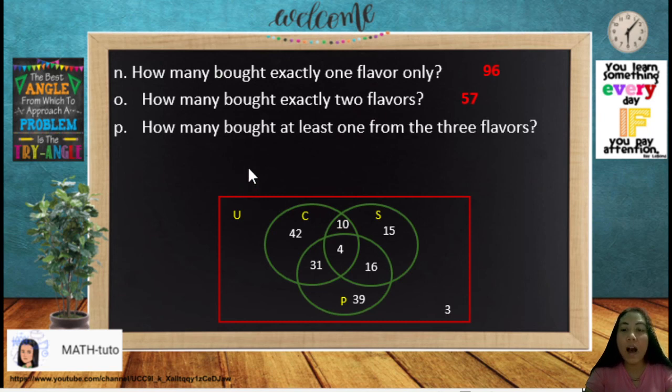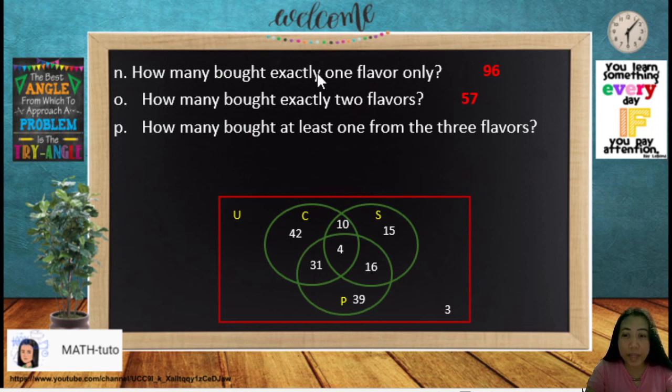Next, how many bought at least one from the 3 flavors? Now, we have here at least. So, at least one, which means it can be those who bought just one flavor, 2 flavors, or all 3 flavors.